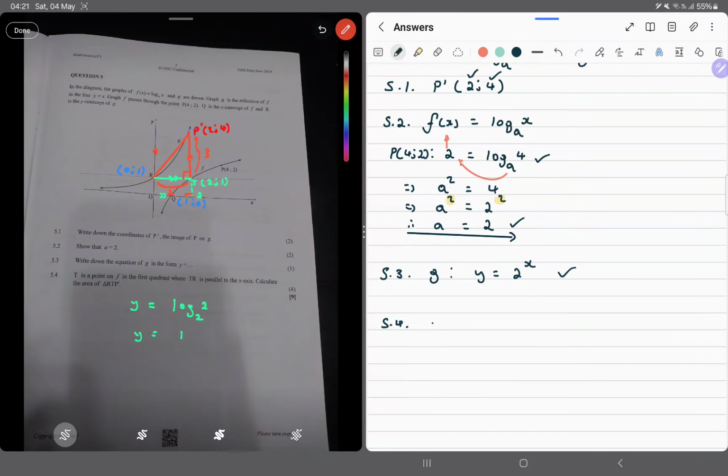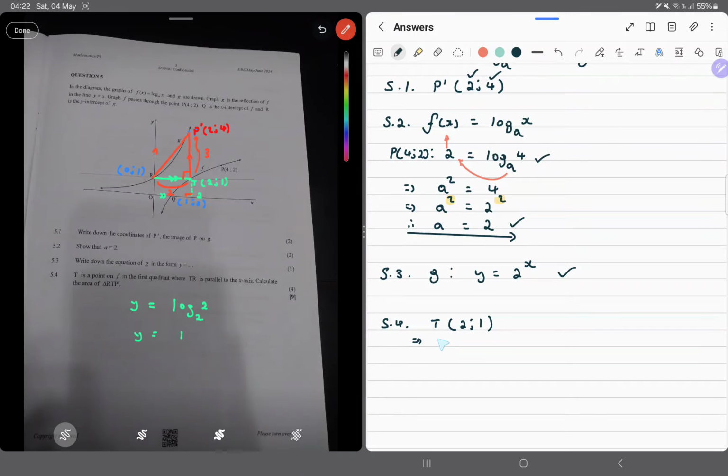So we know that our area of triangle, or first of all, let's do this. We can say, well, we know that T is the point, basically 2 is to 1. This is by inspection. I mean, we don't need to justify a lot here. I think it's very important.